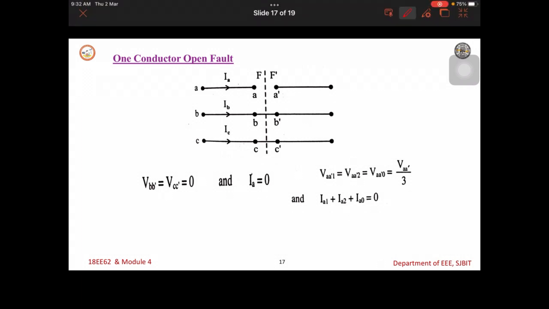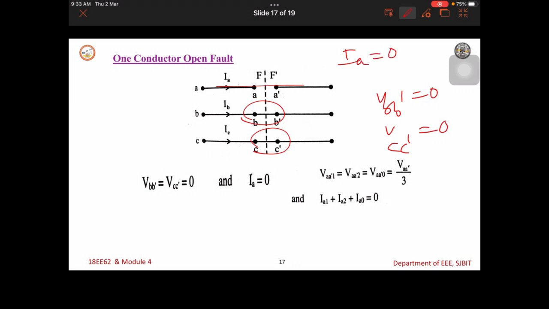So here, if you consider a one conductor open, then the B and C phases are not opened, therefore VBB dash is 0 and VCC dash is 0, and the current which is flowing in this is 0, IA is 0.